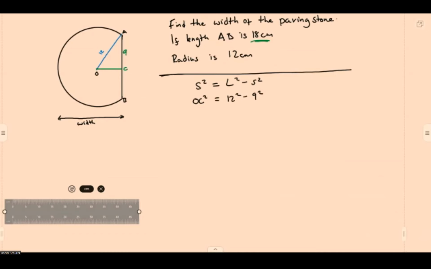So OC squared equals 144 minus 81, which is 63. Take the root of that, and O to C is 7.94.